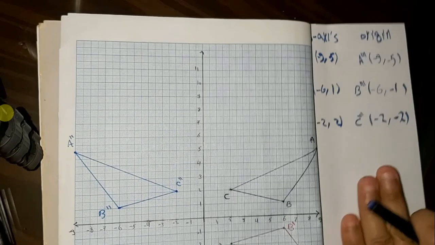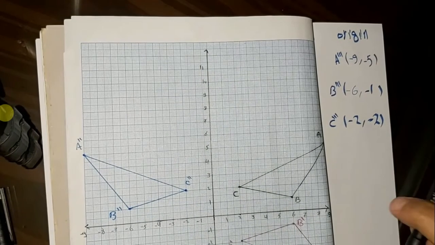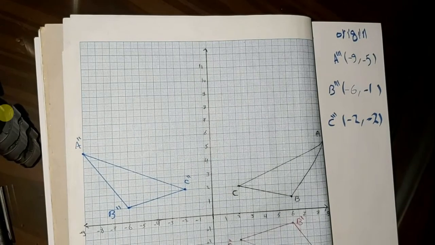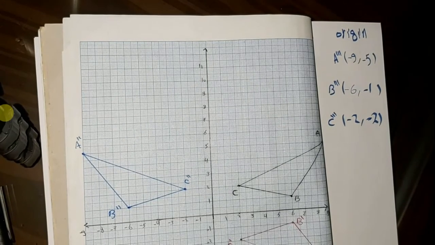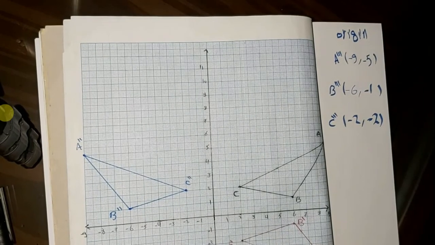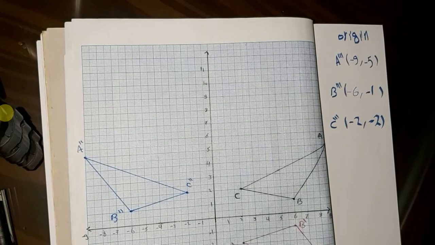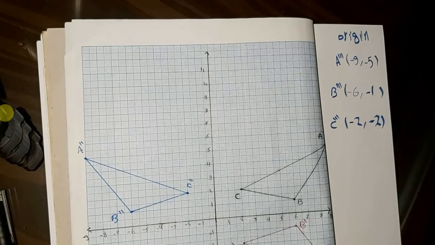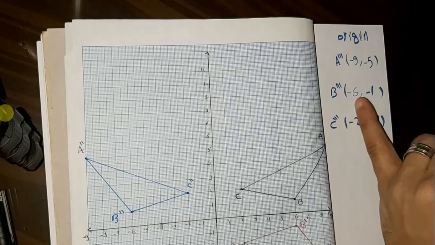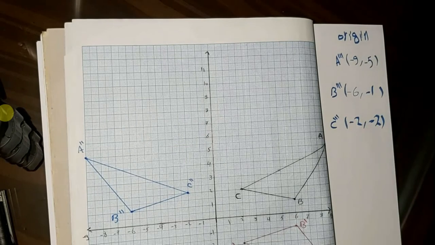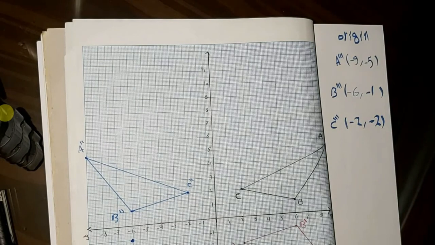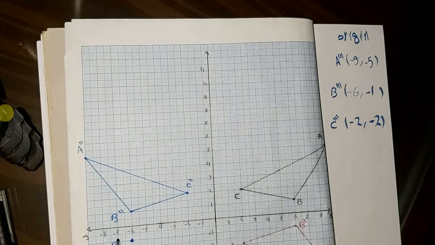Now our last triangle is the reflection in the origin point. A triple dash is -9 and -5, so we search for -9 and go down to -5. This is our point A triple dash. B triple dash is -6 and -1. We search for -6 and -1. This is our point B triple dash.